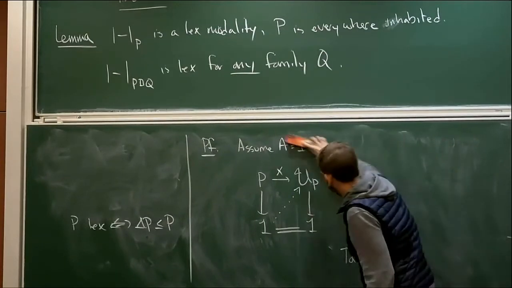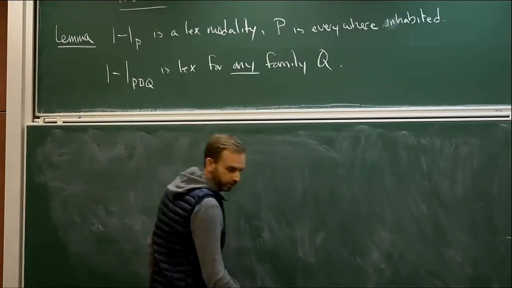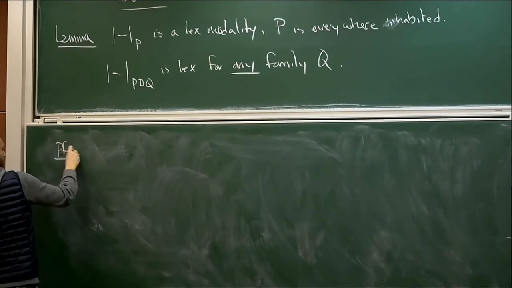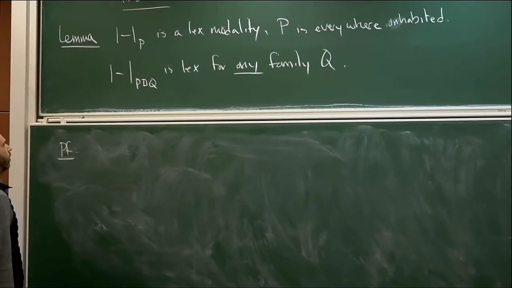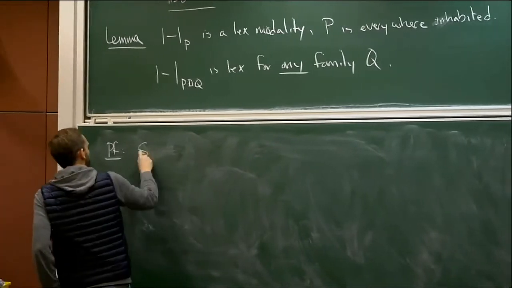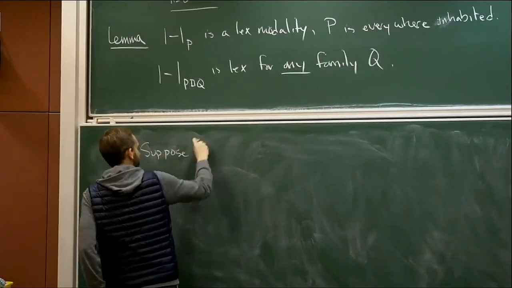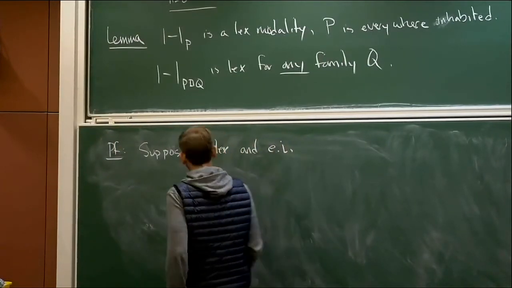So this is fairly straightforward. This is really on the way to proving that anyway. So let's see. So why is this true? Suppose P is Lex and everywhere inhabited.